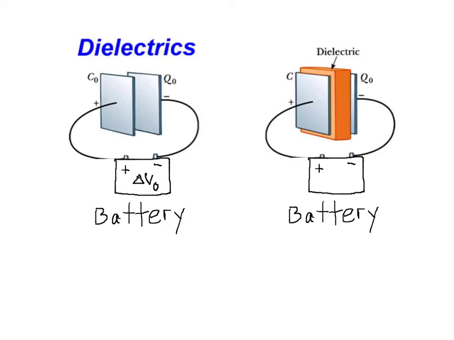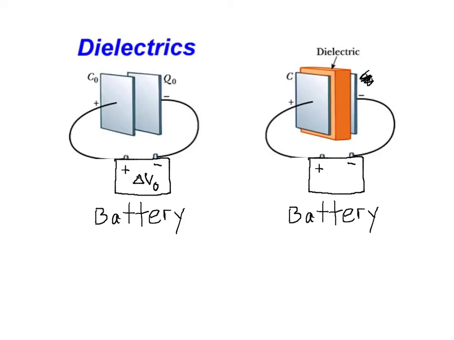Now the difference here is we're going to leave the battery hooked up, which means now we have the ability to move some charge around. So if we introduce the dielectric in here, that orange material, then the charge is actually going to end up increasing to a new value.